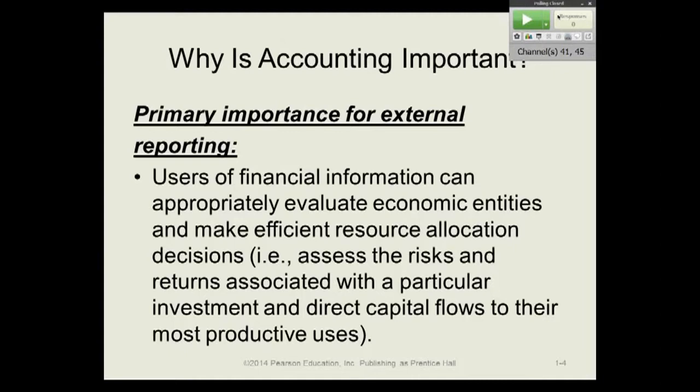It directs capital flows to their most productive uses. When you look at a company's financial statements, you determine whether you should buy the stock of that company, whether you should lend money to it, or whether you should sell your investment. Right now, what would be an example of a company where you may not want to invest?